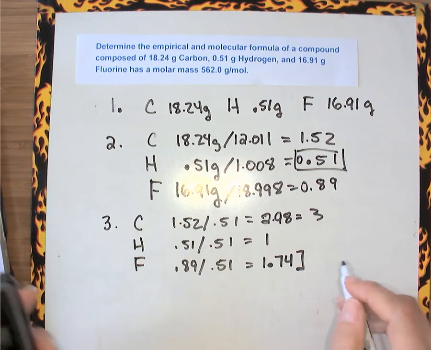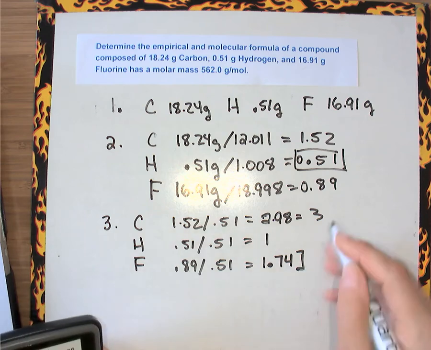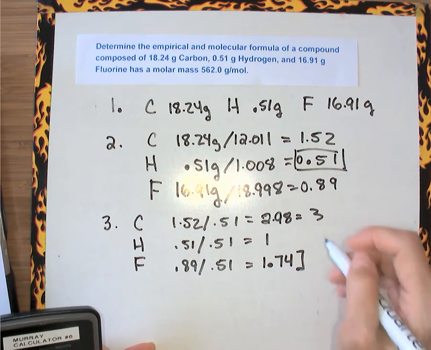I am going to divide everything by, let's see, 0.74 times 3. 0.74 times, yeah, I'm going to multiply everything by 4. A little different than the 0.5.